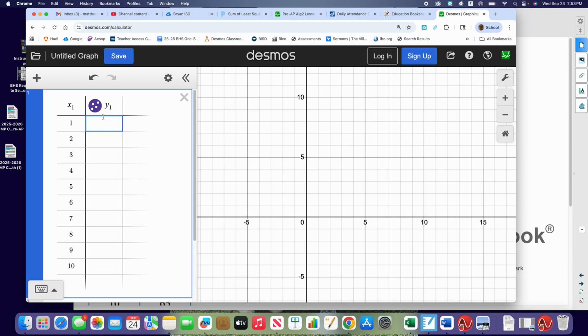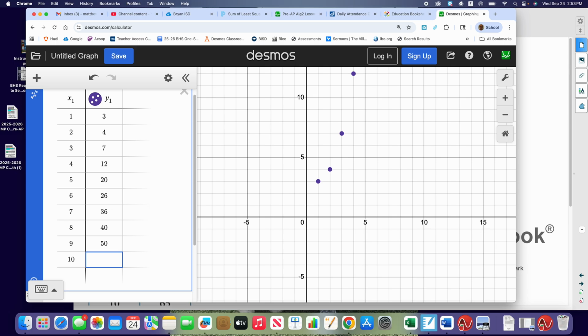Just got my X's in. I can't really see my points on this one, so I'm going to hit zoom fit.